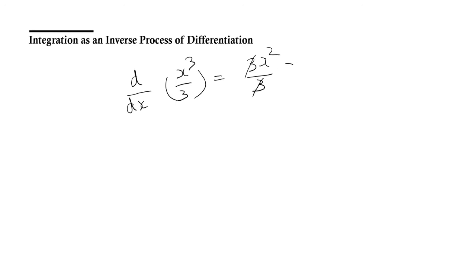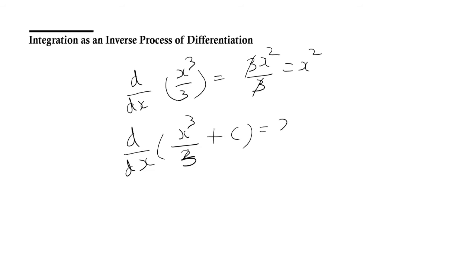Now let us see integration as an inverse process of differentiation. As I have already mentioned, let us take an example: d by dx of x cube by 3 is 3x square by 3, which is equal to x square. Let us take d by dx of x cube by 3 plus c.